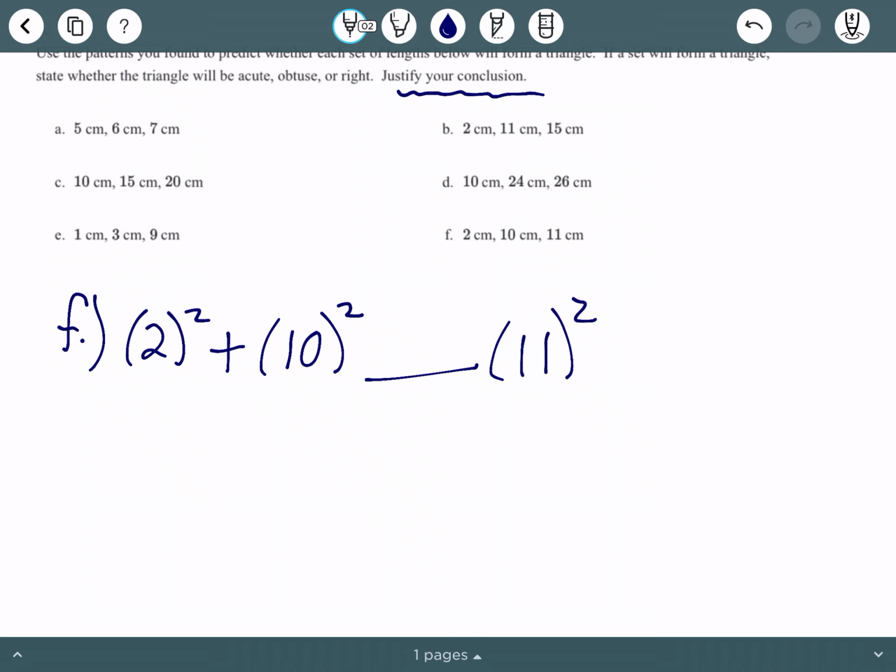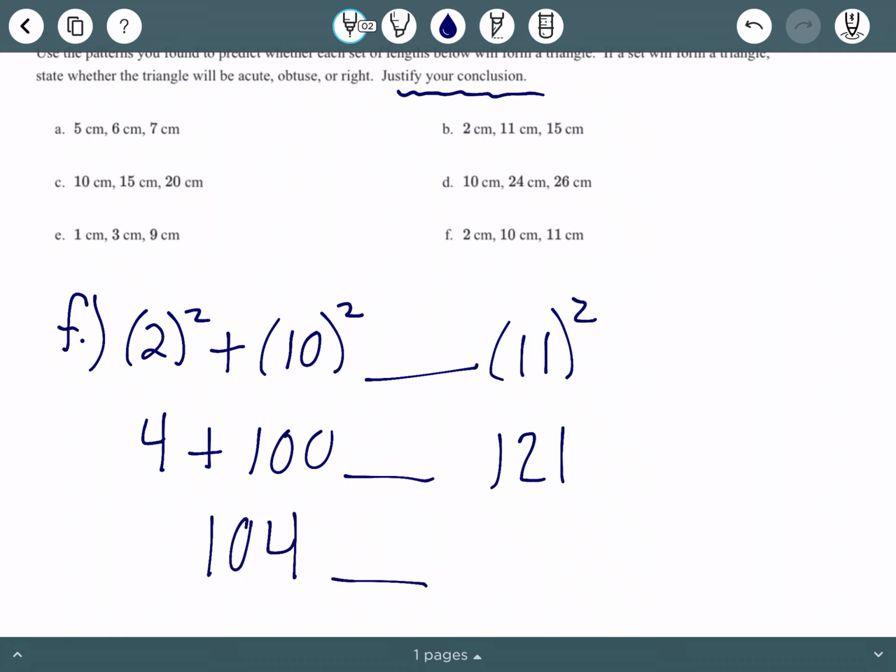2 squared is 4, plus 10 squared is 100, and then 11 squared is going to give me 121. So we have 104 on this side, 121 on the other side.